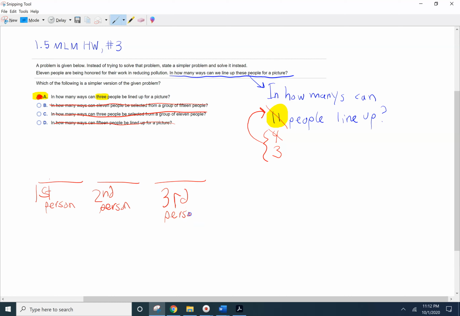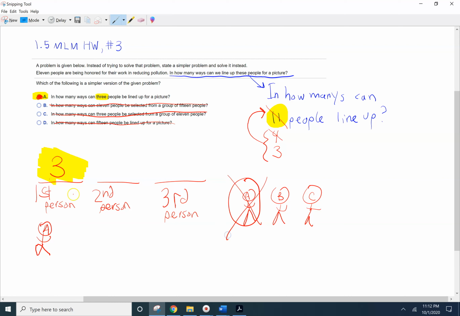Here's person 1, I'm going to call this person A. Here's person B, here's person C. The first time I go to select a person, how many people do I have to choose from? Well, all 3 people are there, right? So there's 3 people to choose from. Let's say we choose person A, and we line them up over here.